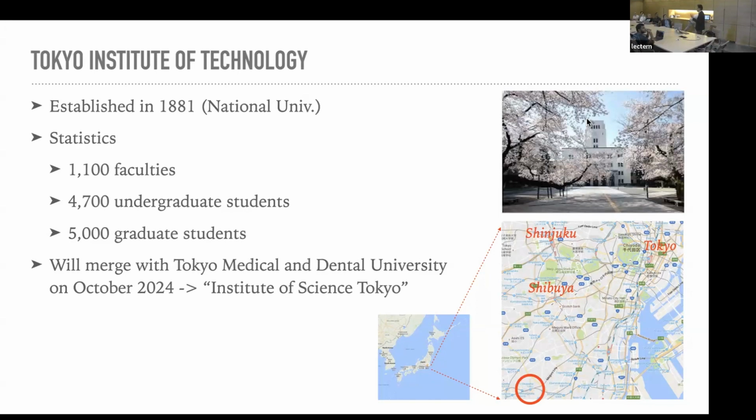So if you're planning to come to Tokyo to attend the CHI conference next year, which will be held in Yokohama, it is very close to our campus. I will organize lab tours during the CHI conference. Please come to Yokohama and Tokyo.